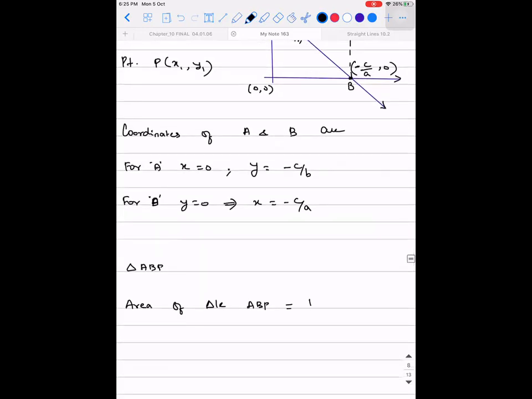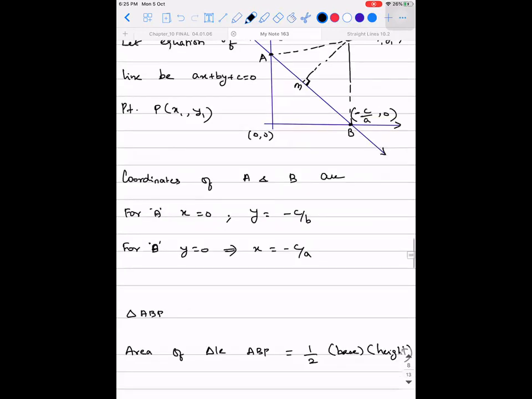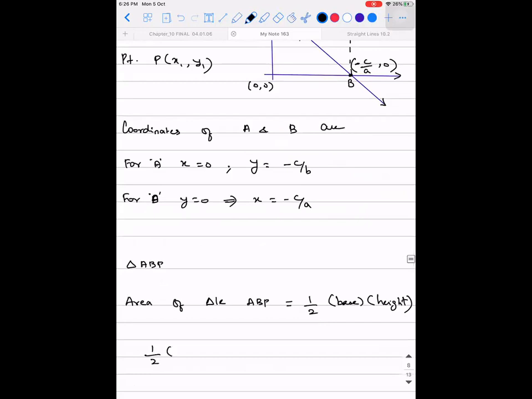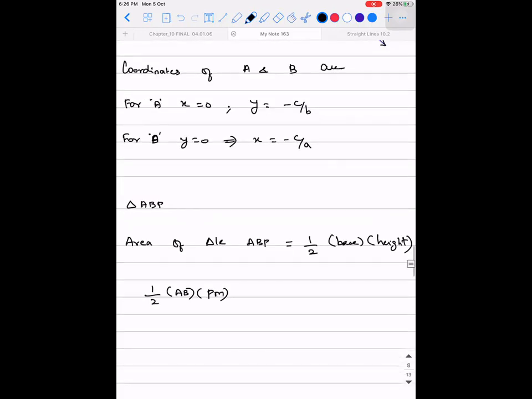Area of triangle ABP is half into base into height. Let me say the perpendicular distance PM is small p. So that will be half into, what is the base? Base is AB, and height is PM. So half into, what is the value of AB?